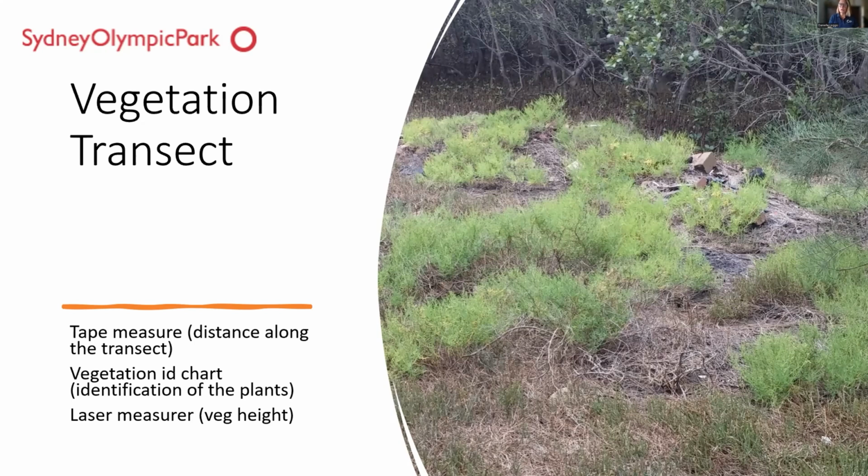The students would walk along that tape measure from one end to the other with an identification chart for the vegetation they're looking at, and plot the vegetation in the different areas they move over in the landscape. This enables us to understand the type of vegetation and where it is located.